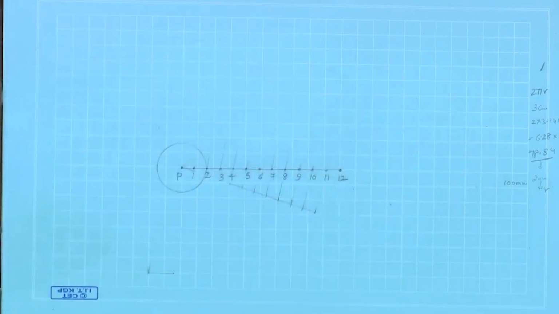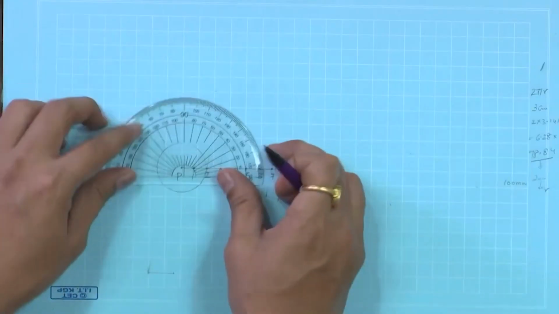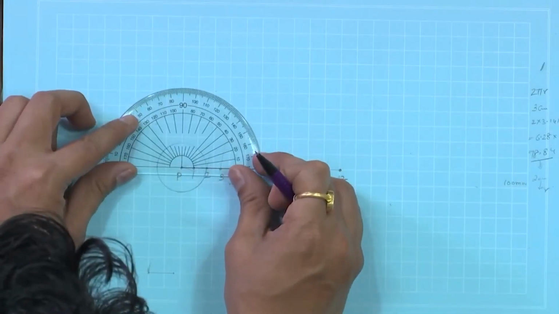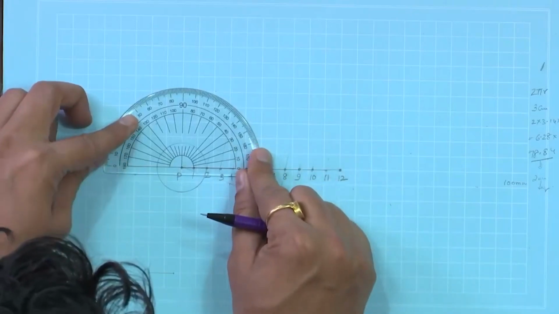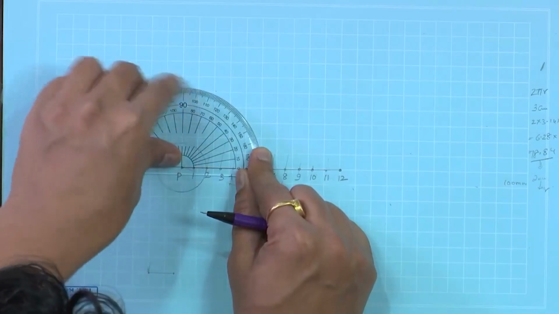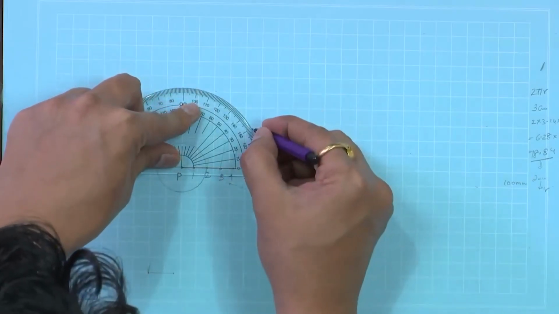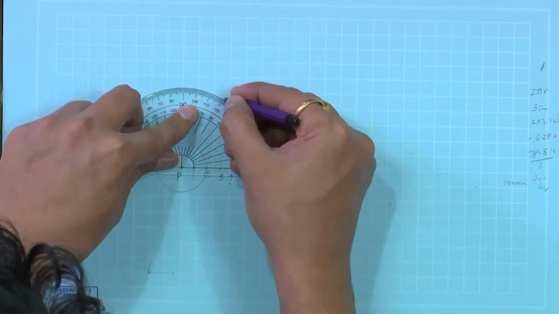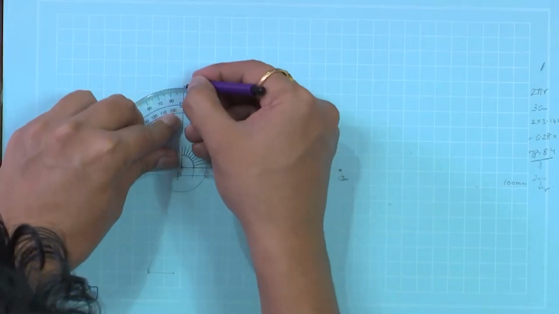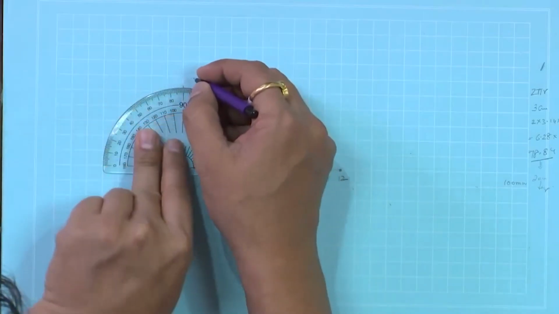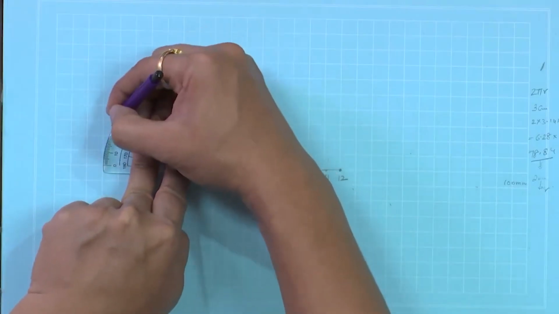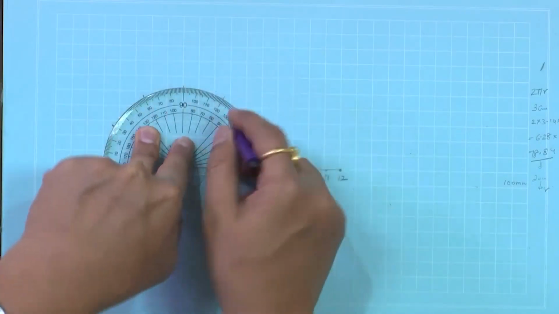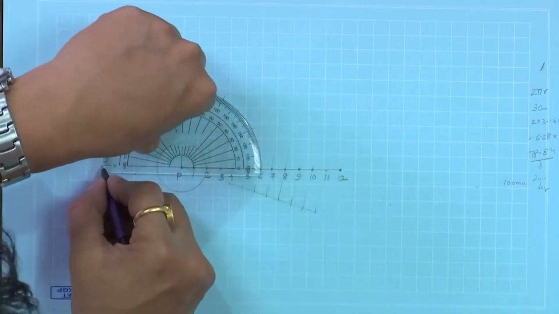That means a 30 degrees angle is the one we can use. So, mark 30, 60, 90, 120, 150, 180.